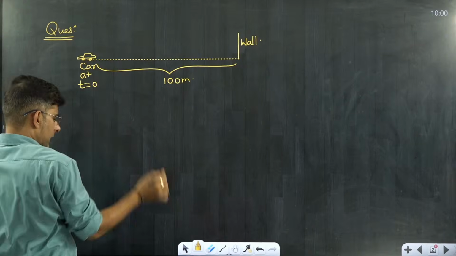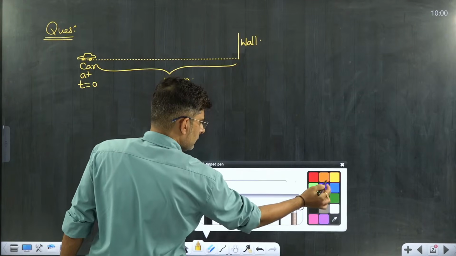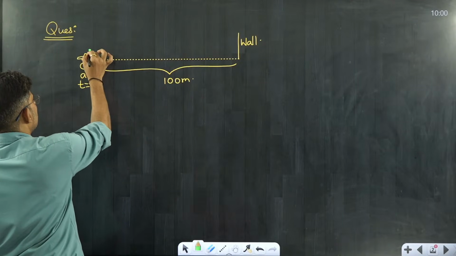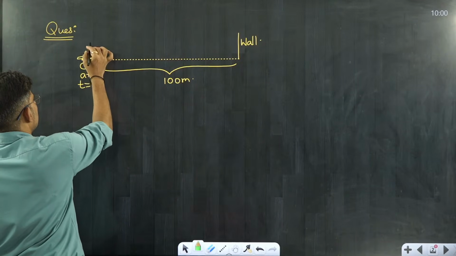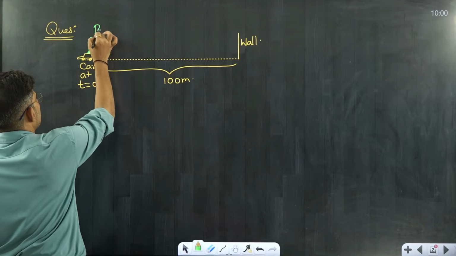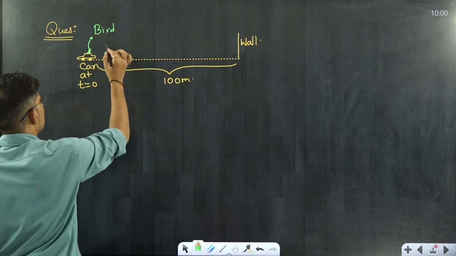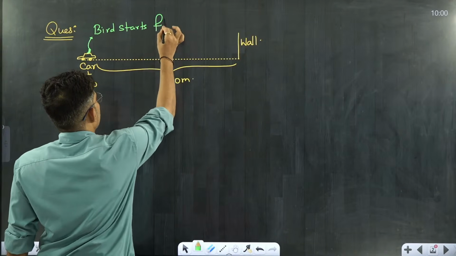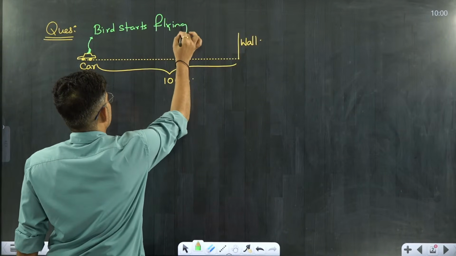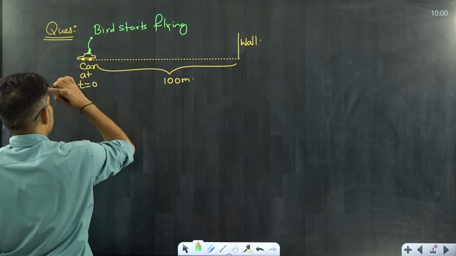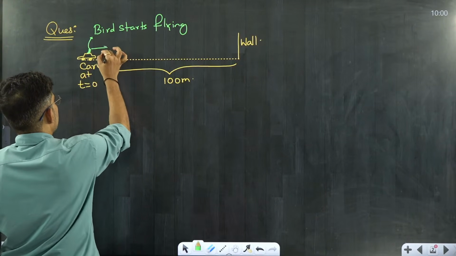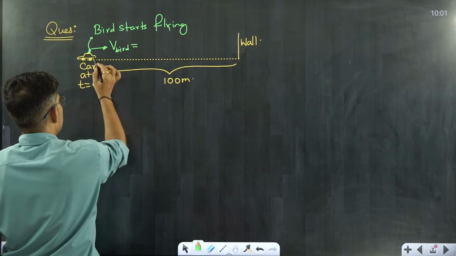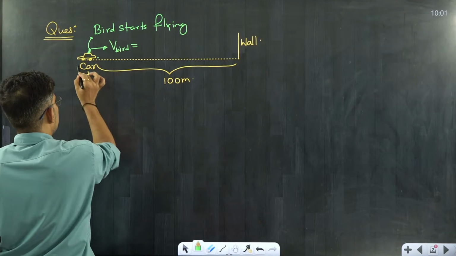Now on the top of the car we have a small bird that starts flying, and the speed of the bird and the speed of the car are both given.